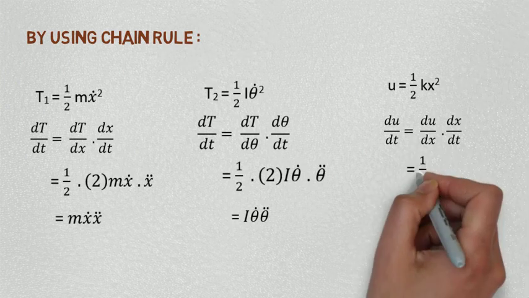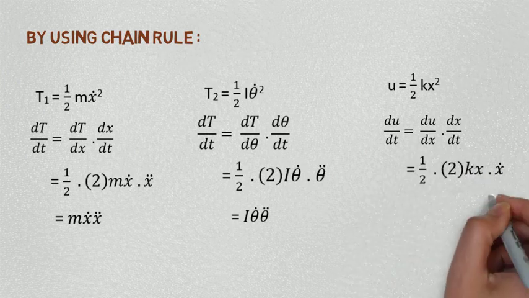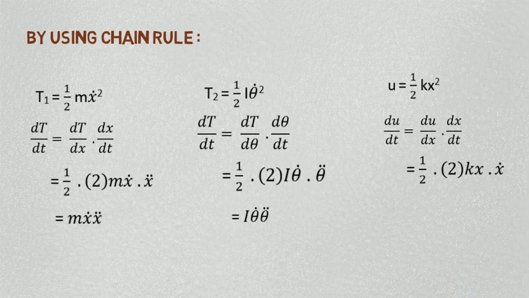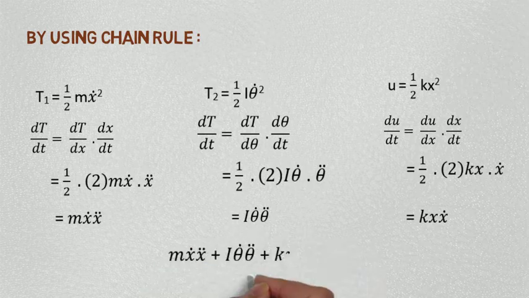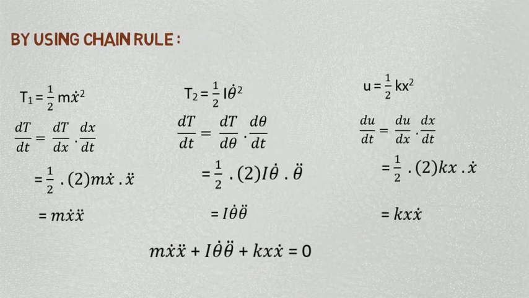And for the last equation, which is the potential energy, the acceleration equation is kx x dot. Equate all the equations to 0.